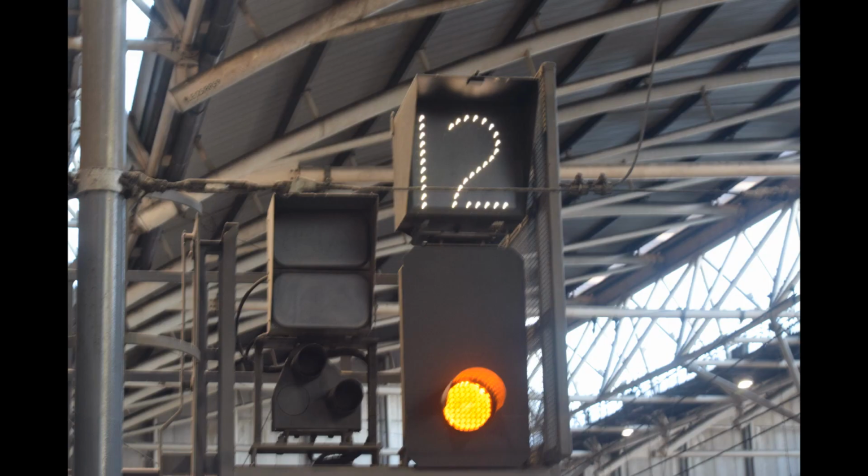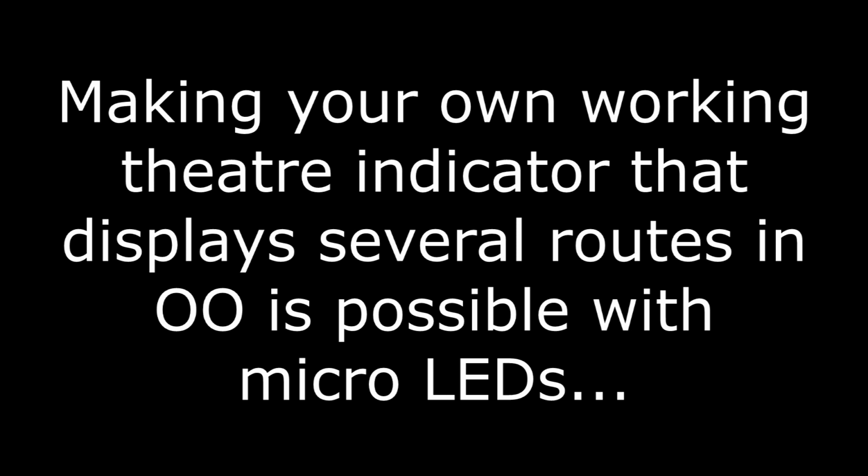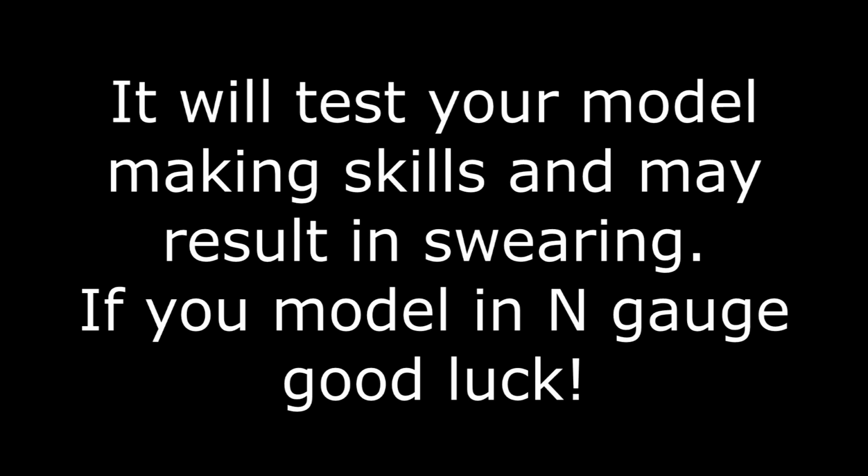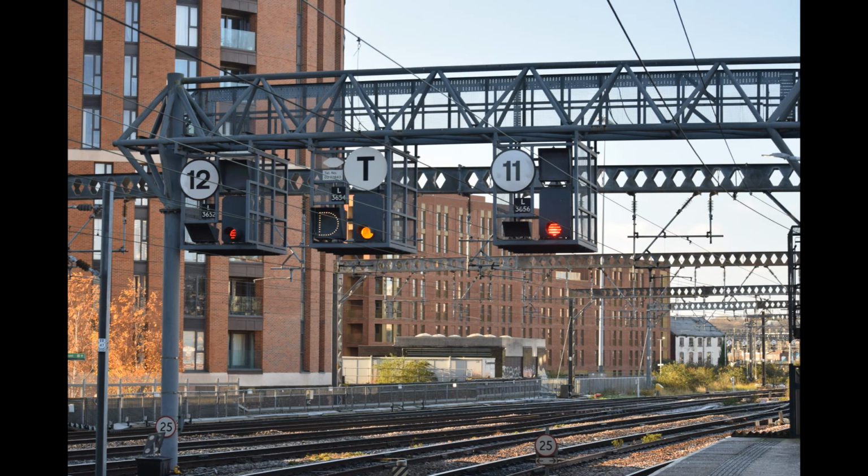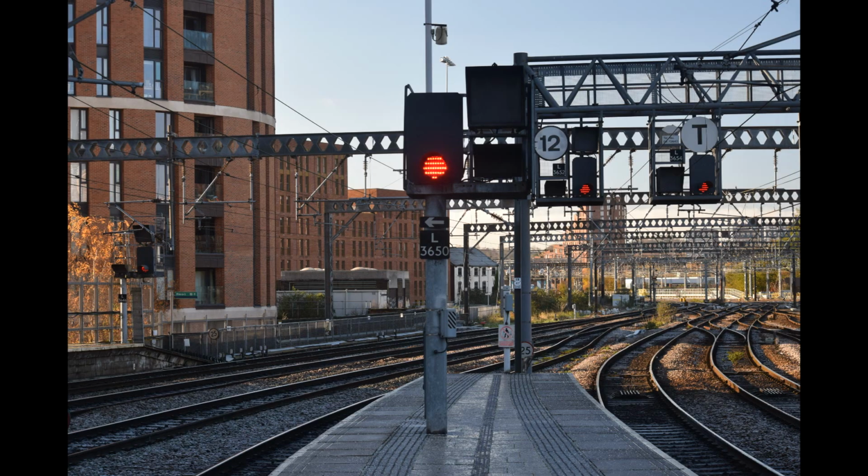The theatre route indicators have the advantage that you can display an almost unlimited number of routes to drivers. If you think about how many different combinations you can have just using 2 different characters, it's way more than any junction that you're ever going to get on a railway, even really complicated junctions.